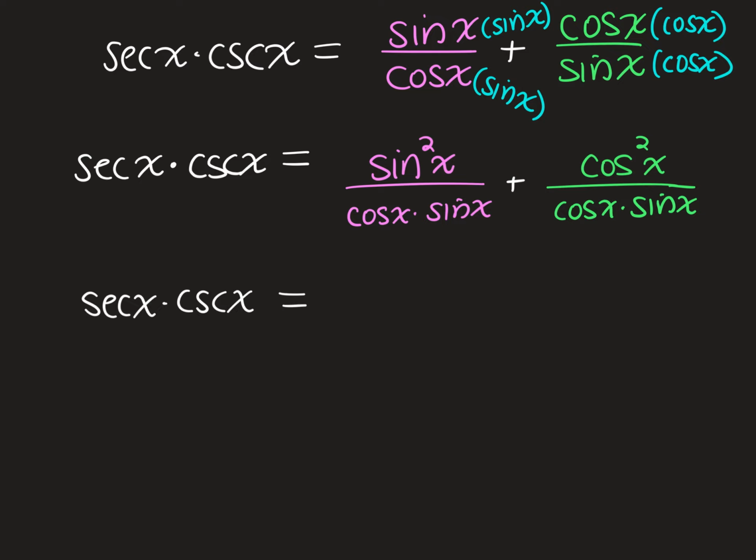So cosine times sine. Bless you. In the numerator, I'm going to add together the sine squared plus the cosine squared. So I'm just going to have sine squared plus cosine squared. Now as you're writing that, as you're hearing me say that, I hope that it's triggering some kind of recollection that, hey, that's something that sounds really familiar. Maybe I need to look at my reference sheet.